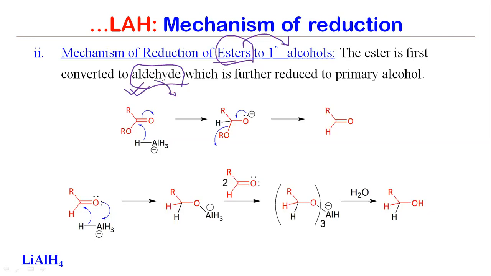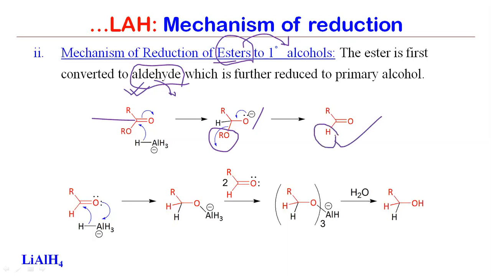So we should understand how this aldehyde is formed. The first step is, of course, attack of hydride on this carbonyl carbon to generate this anionic species, because this is just the electronic rearrangement of the pi bond shifted to oxygen. So we'll get this negative charge here, and we know that this alkoxy being a good leaving group, it will be eliminated to generate this aldehyde.